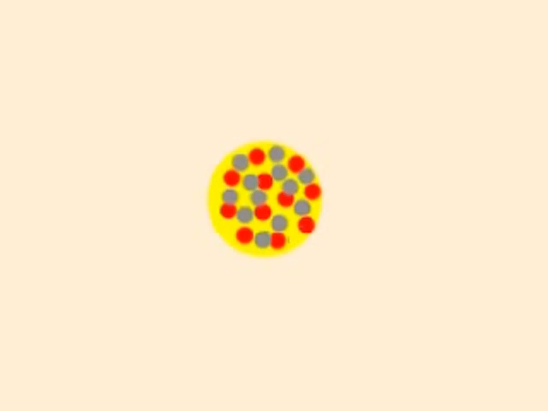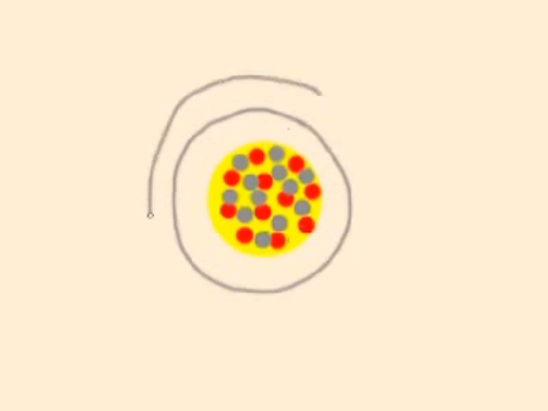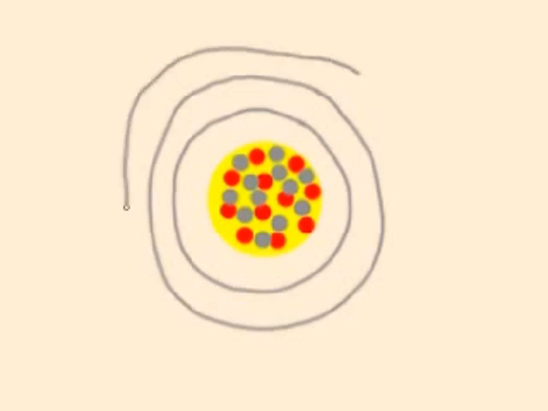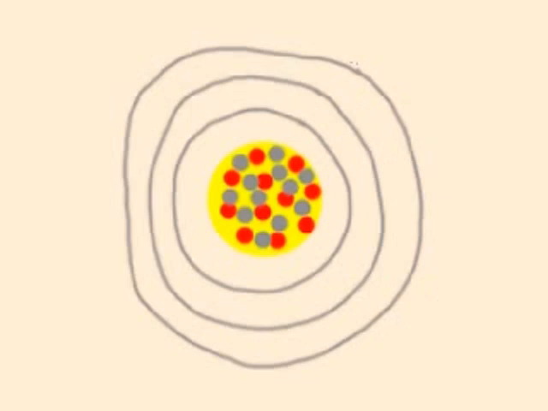Now let's give it some energy levels. Let's give it 3 energy levels. 1, 2, and 3. Okay. Now on each of these energy levels we will have electrons.